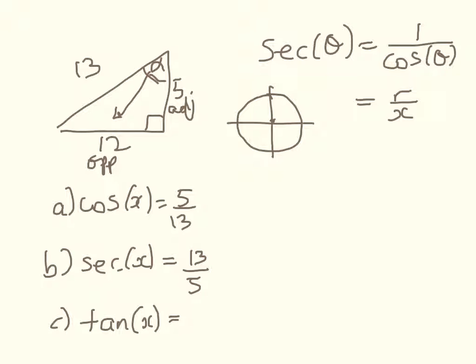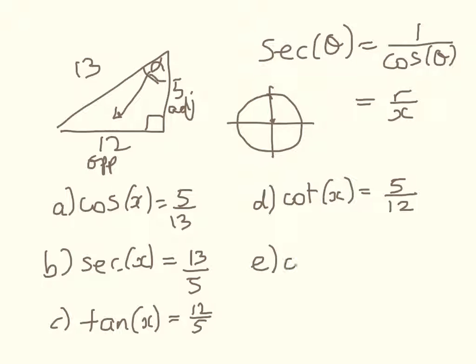So tan of x is going to be 12 over 5, which means cot of x, the cotangent of x, is going to be 5 over 12. And E, cosec of x, is equal to 1 over sine of x, so it will be 13 over 12.